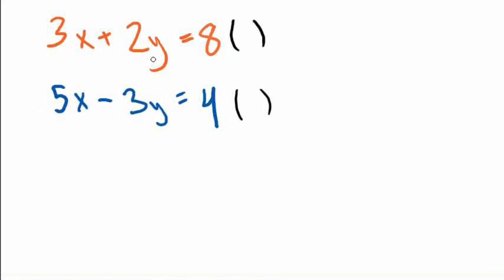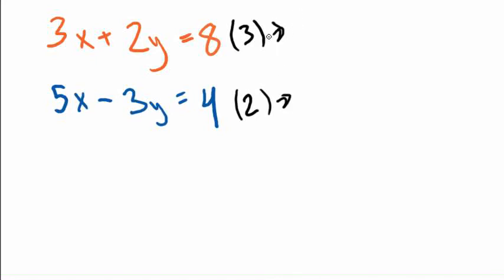So I think the easiest way to do that will be to multiply this top equation by 3. That will give me positive 6y, and multiply this bottom equation by 2 so that I'll have negative 6y on the bottom. So let's rewrite these equations.